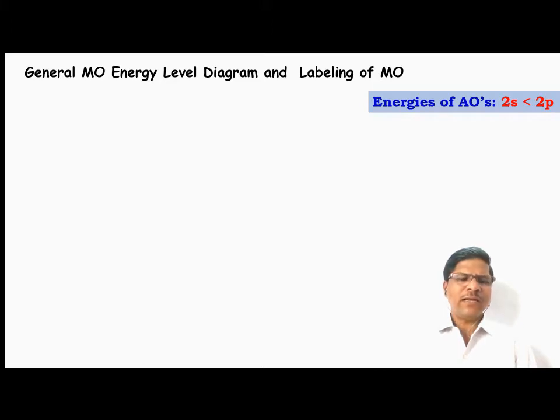So the first thing, as I have already discussed, is that the energy of the 2s atomic orbital is less than 2p, and this will be reflected in the molecular orbital energy level diagram.